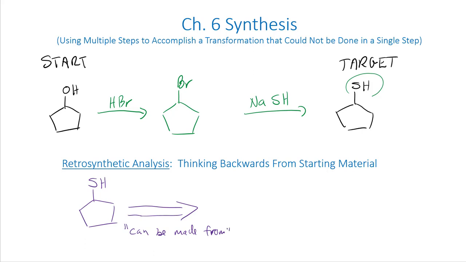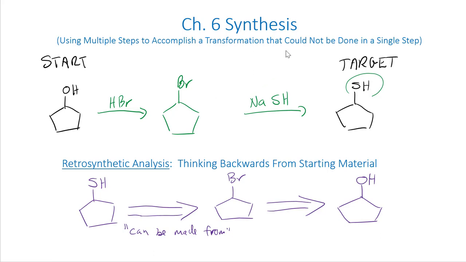And then we'd think about, well, what do we make the thiol from? Well, the thiol, according to our reaction chart, we could make from an alkyl halide, like a bromide. The alkyl bromide, in turn, can be made from our starting material. So now we're back to our starting material.